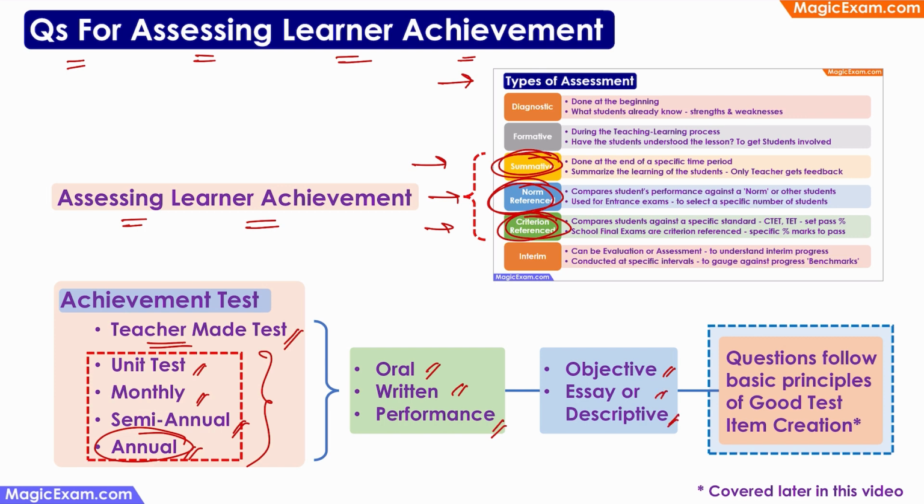And depending on what kind of test you are doing and what is the purpose of this test, you will formulate appropriate questions for assessing learner achievement. And whatever might be the purpose of the test, whatever might be the format of the test, you have to follow some good test item creation principles, which we will discuss a little later in this video.